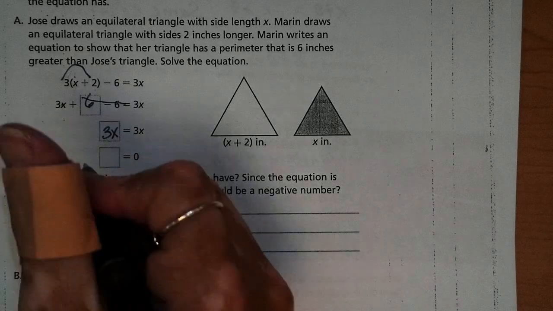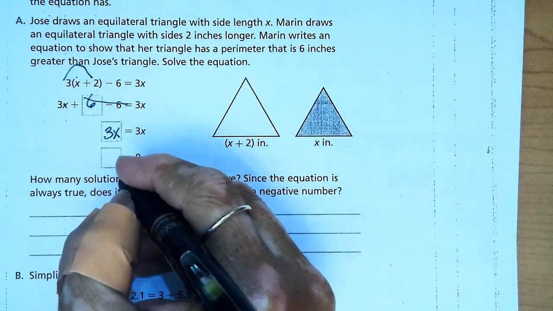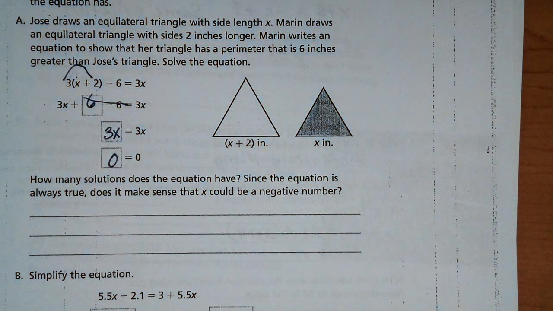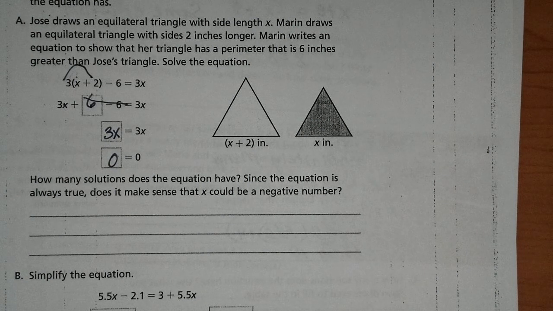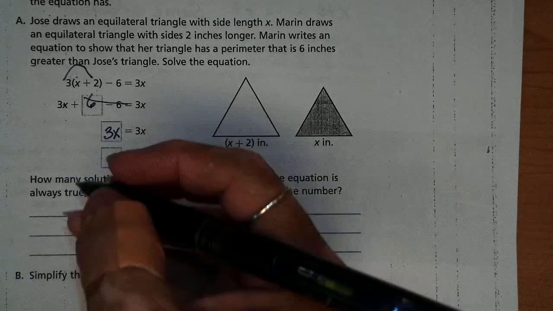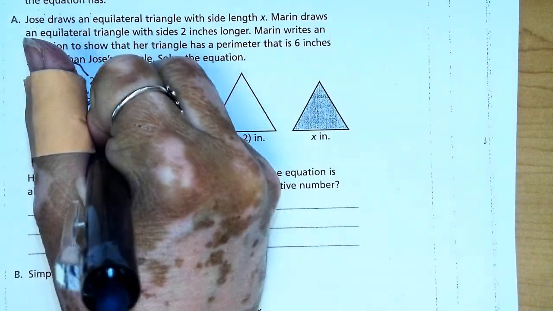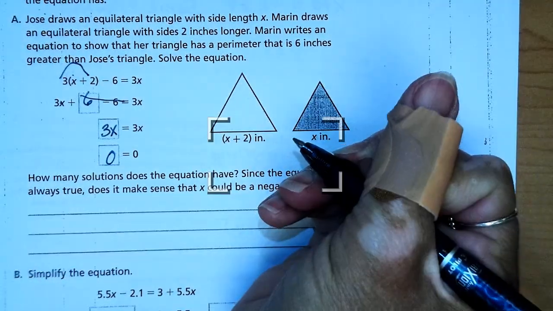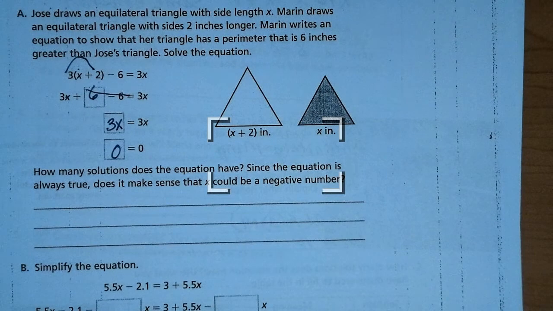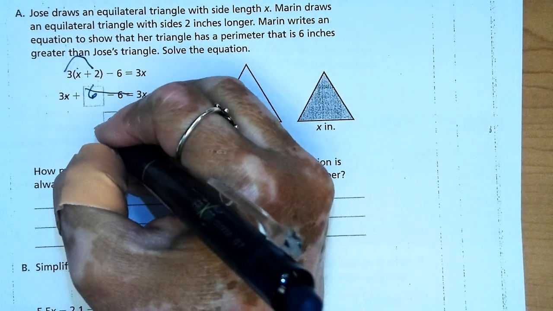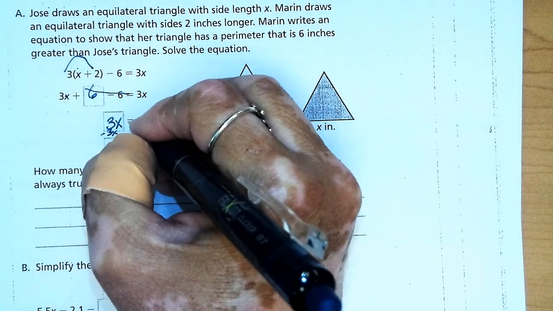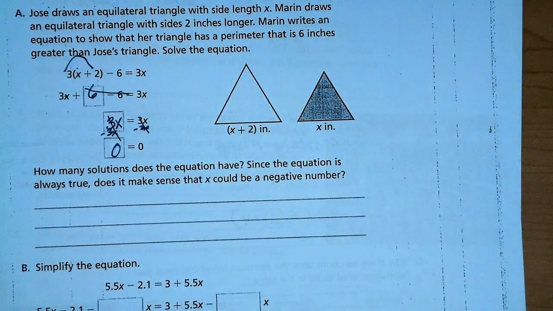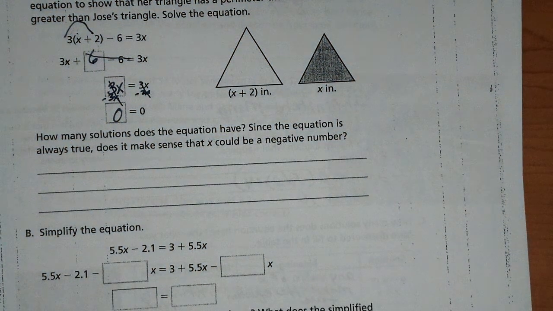If I subtract it from both sides, I basically get 0 and 0. Well, basically, you would try to combine your like terms. So you would do 3x minus 3x, and then they both cancel, leaving me with 0, 0.